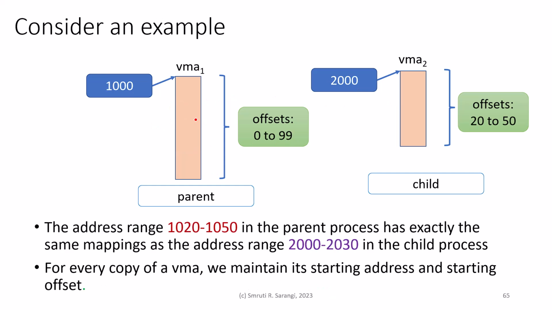Assume that the parent VMA started at address 1000 and it had 100 entries. So the offsets would be from 0 to 99.